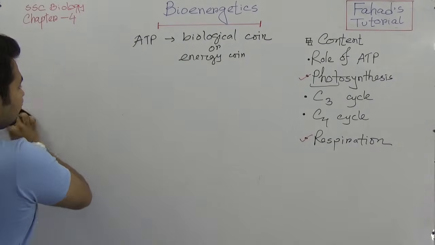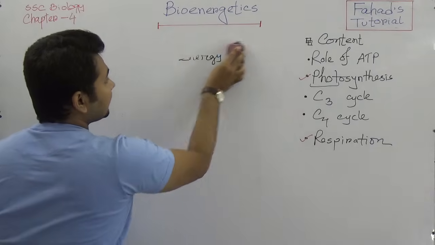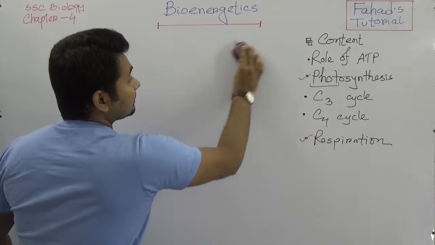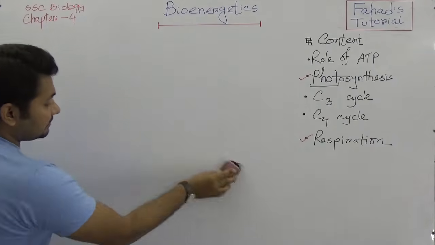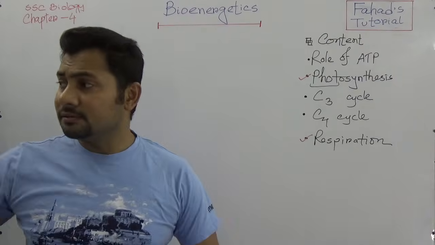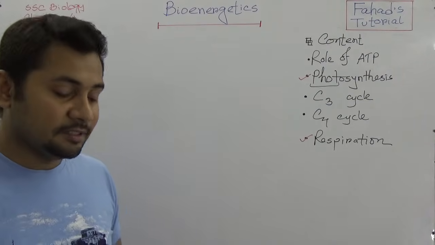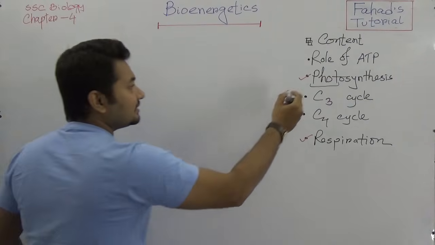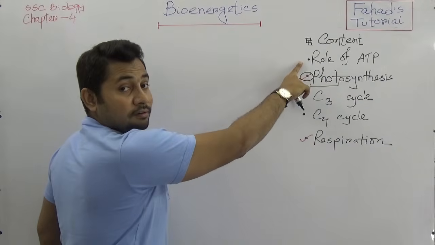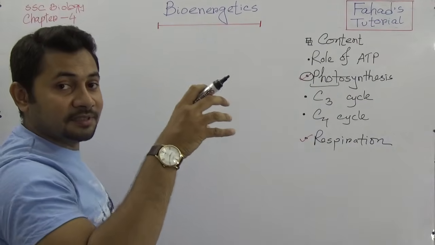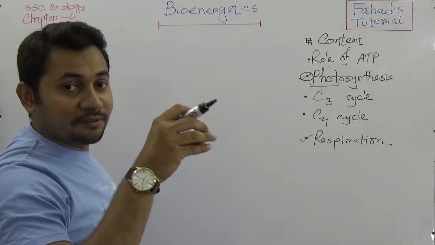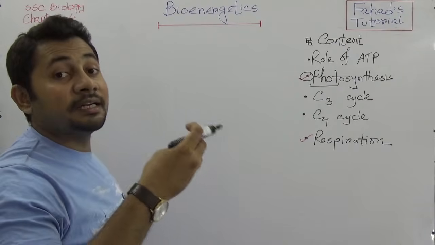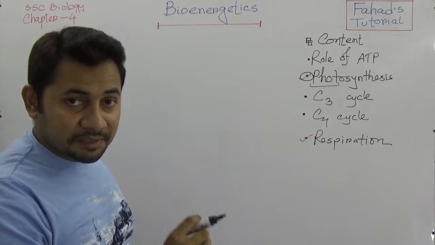So when you understand ATP as a biological coin, and you understand the elaborations of ATP and NADPH2, you know the naming of that. Now you need to understand that this is photosynthesis. You understand the role of ATP? Because ATP is the storage unit of energy, and it can be reused when required for the living cell.